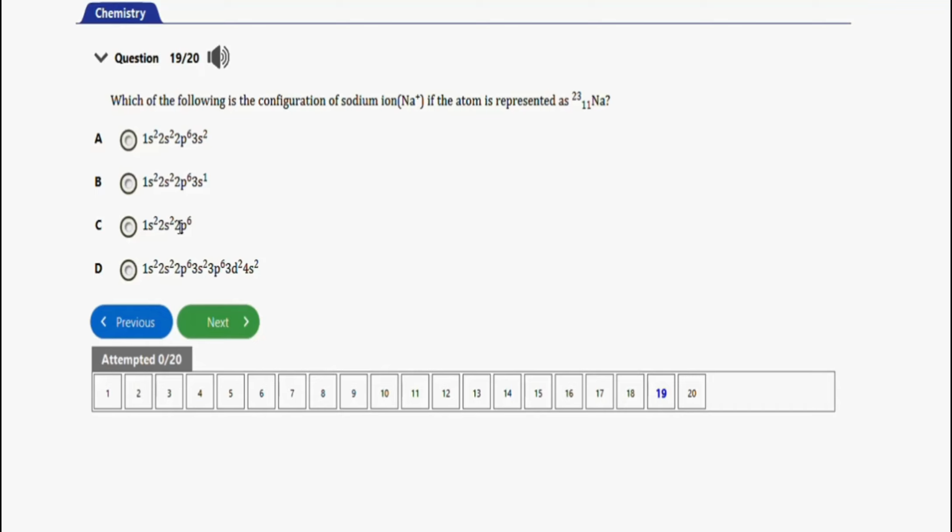That's neon, which has 10 electrons. Since we are looking for the charged sodium, it will now have 10 electrons because it's going to lose one electron. Alright, when you lose one electron, it's going to have a remainder of 10 electrons. So when you present those 10 electrons in orbitals, this is the output: 1s2, 2s2, 2p6, having the structure of a noble gas, neon. Last question before I end this video is this one.